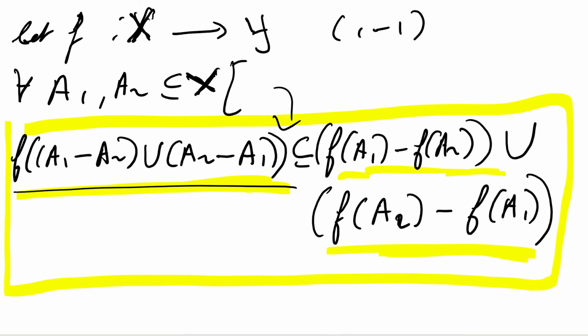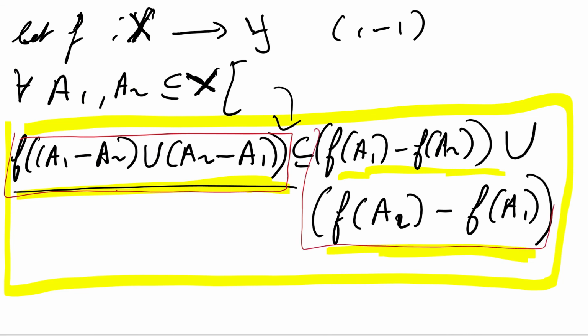We pick something in this set, and we must show that the same element is also in this other set, right? If you can show that, we conclude that this is a subset of this.